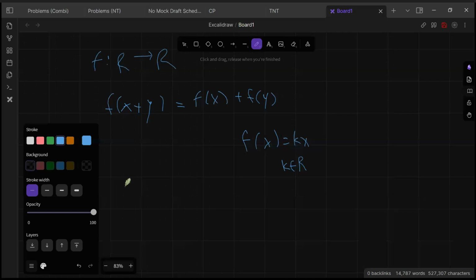So suppose we have something like square root of 2, which is in reals. We are expected to find some value of f of square root of 2, and we are expected to obtain this value from this equation, f of x plus y is f of x plus f of y.